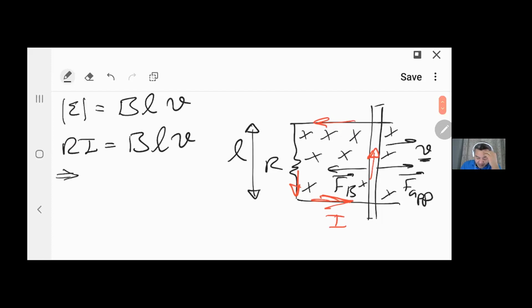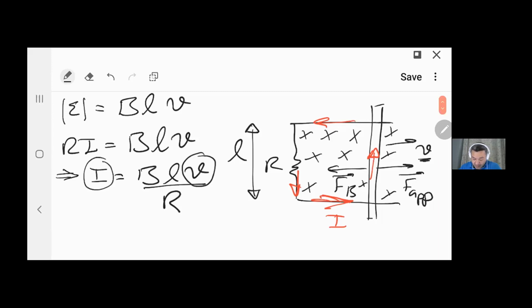Then I know this is going to give me I equals the magnetic field B L V divided by R. So this is the relationship now between the speed and the current.